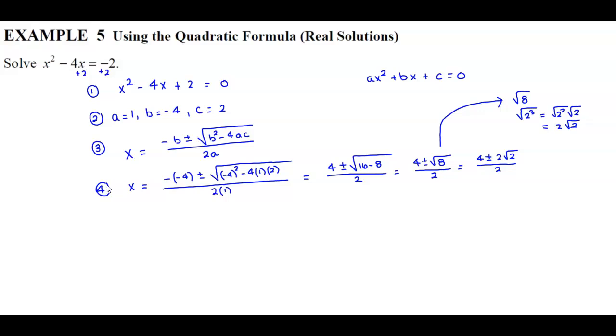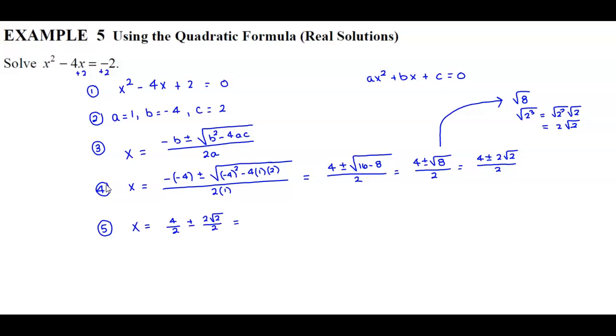So now what we want to do is write out that solution. So for step number 5, we know that we have x, which is equal to 4 over 2 plus or minus 2 times the square root of 2 over 2.